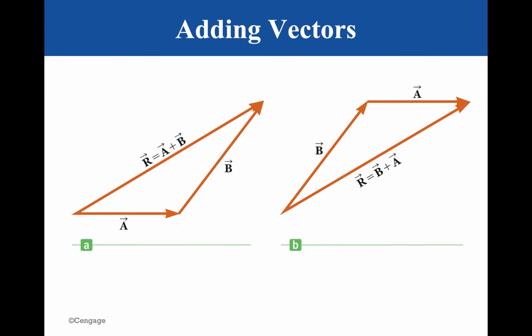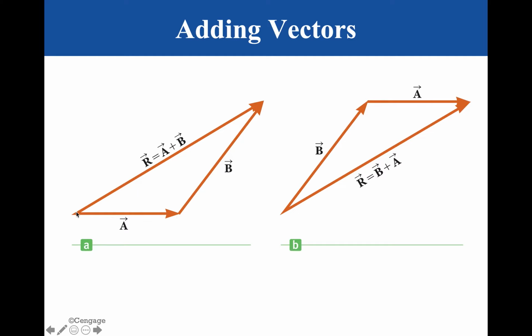Now, if I want to add vectors graphically, it's actually quite simple. If I want to add the vector a plus b, I can take the vector a and take the vector b. This is vector a, this is vector b. I take vector b and I place the tail of vector b at the arrow of vector a, and I place them in their proper angles.